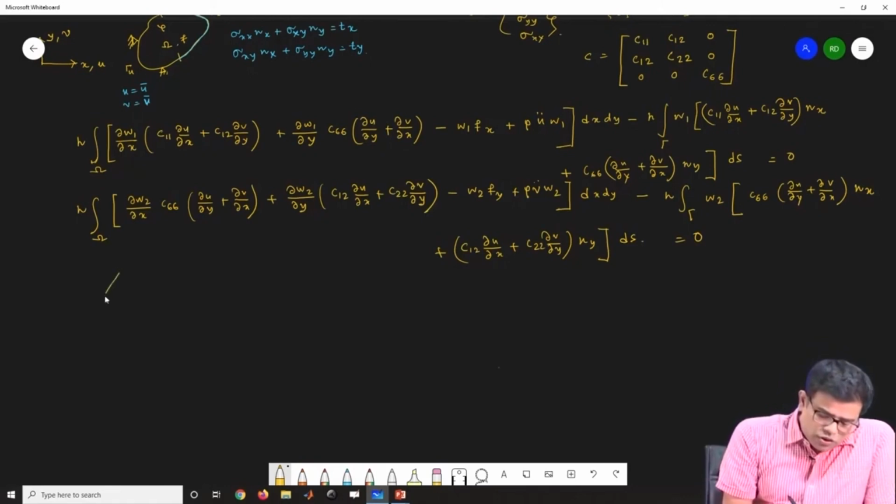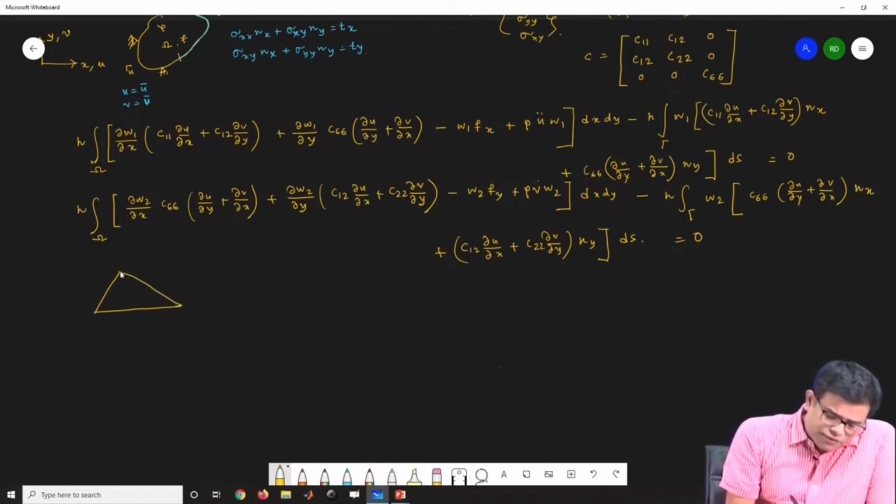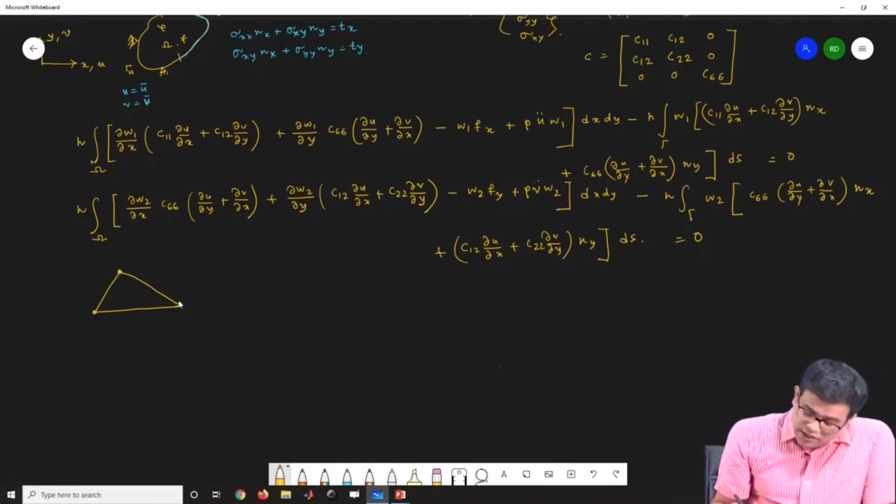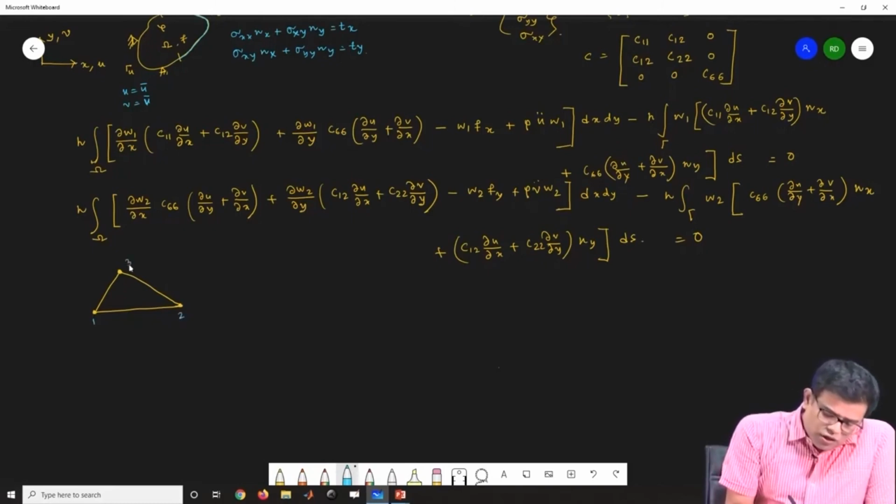If you discretize with a triangular element, for instance the constant strain triangle, you have node 1, node 2, node 3, and all nodes will have two degrees of freedom, that is u1, v1, then u2, v2, then u3, v3.